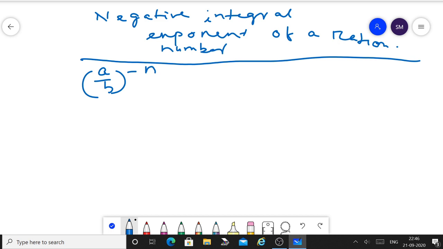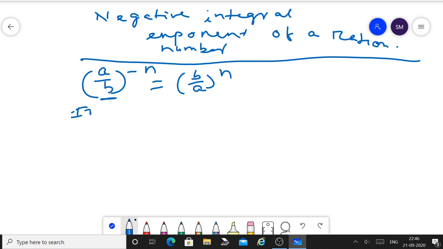The exponent is negative. When the exponent is negative, a upon b to the power minus n is equal to b upon a to the power n. Take the reciprocal of the base and make the exponent positive, nothing else.